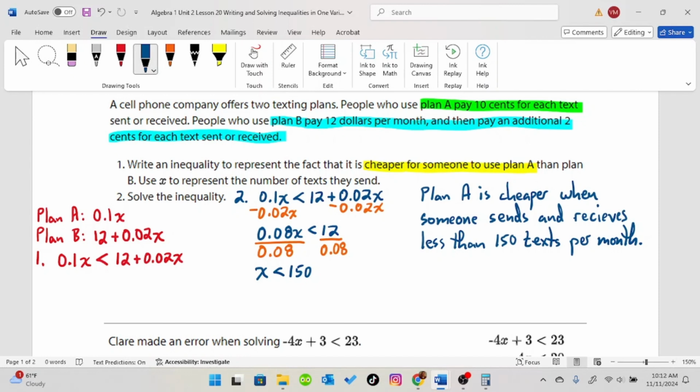If they were to send exactly 150, the plans would be the same. And if they send more than 150, Plan B would be cheaper.